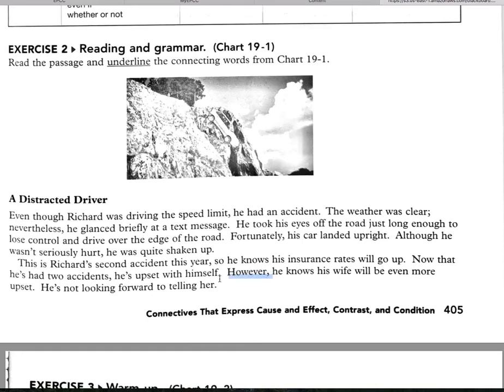And you notice how there's a period here and there's a comma here, capital H. He's not looking forward to telling her. Here we have no connectives. So in this reading, the connectives were even though, nevertheless, although, so, now that, however.